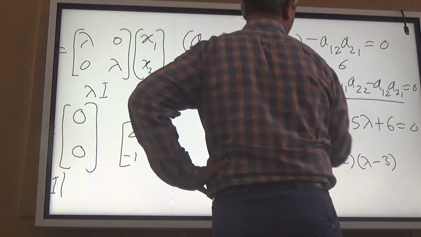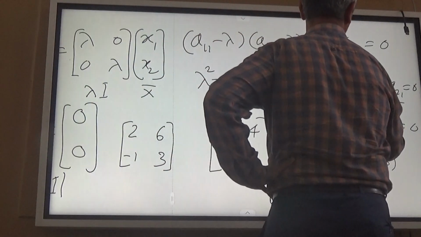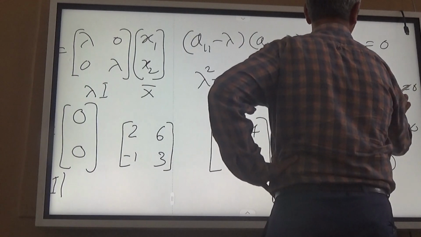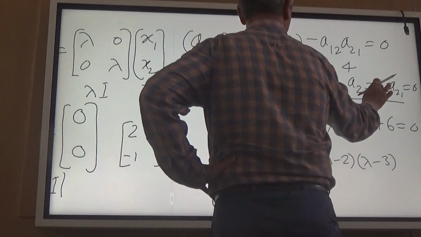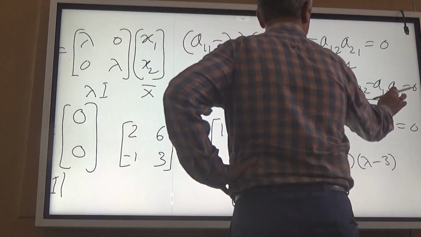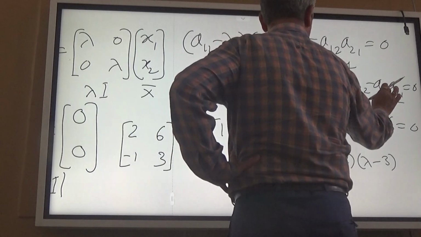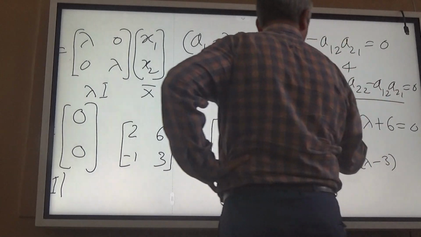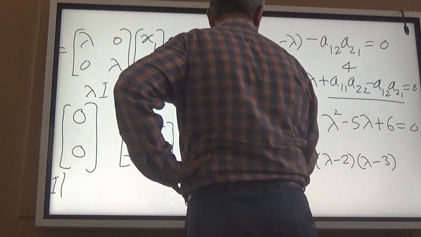If we take 1 and 4, then this becomes into 4 and this should be 2. So A12 is minus 1.